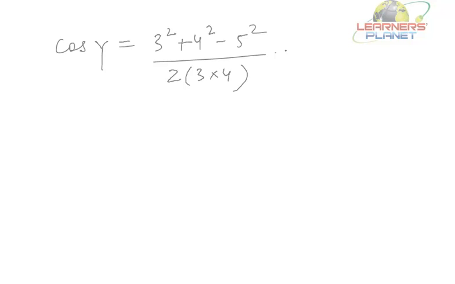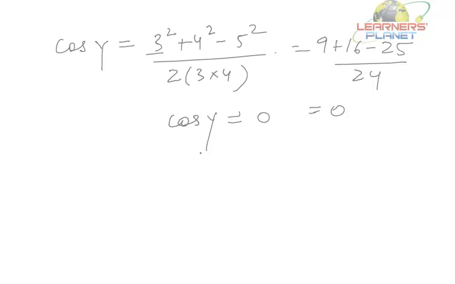Now similarly cos gamma will be given by 3 square plus 4 square minus 5 square divided by 2 into 3 into 4. Now 3 square is 9, 4 square is 16 minus 25 divided by 24. This term is 0. That means cos gamma is 0, which means that gamma is 90 degrees.